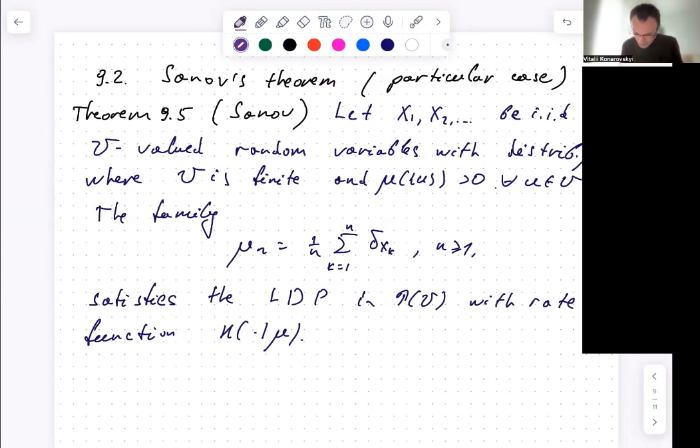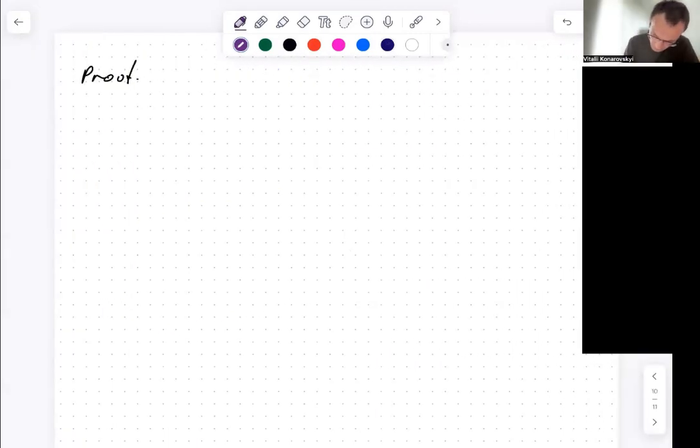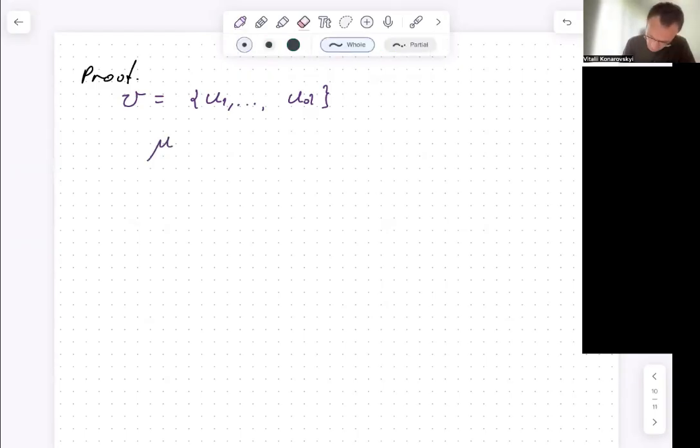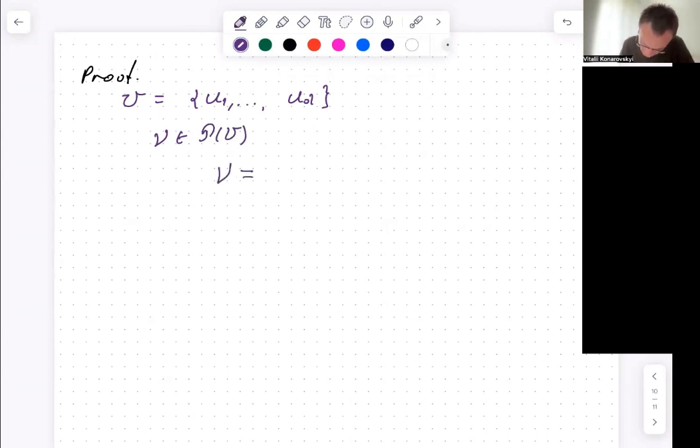Let me first say the following: our U is the set, for instance, of d elements u1 up to ud, and then every measure, mu is already reserved, so let's use nu from P of U. Actually you can write it as follows: it is a sum over i from 1 to d, because you have d atoms, d elements, and every element has its own mass.